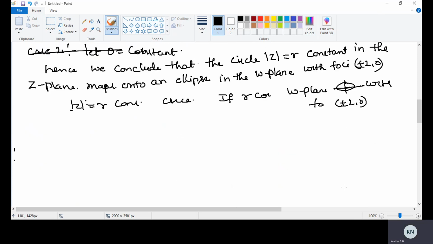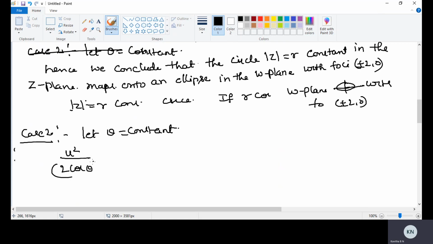Then case 2, let theta be a constant. Take equation 3: u square by 2 cos theta whole square minus v square by 2 sin theta whole square is equal to 1.